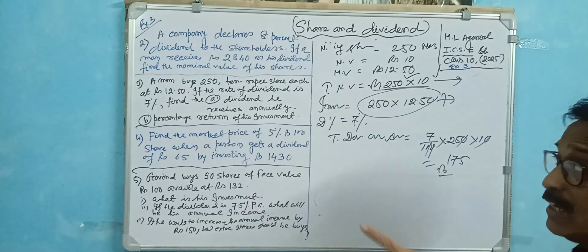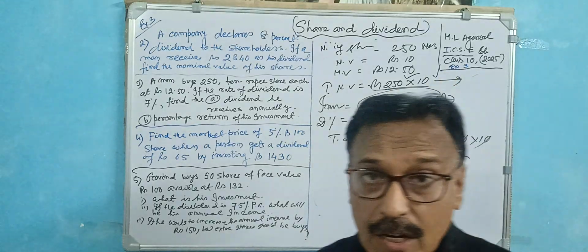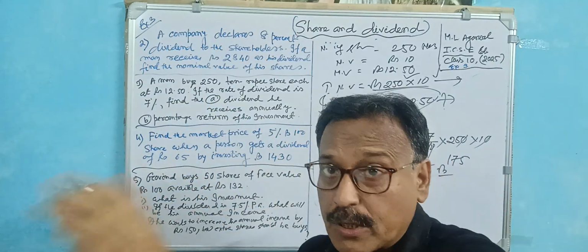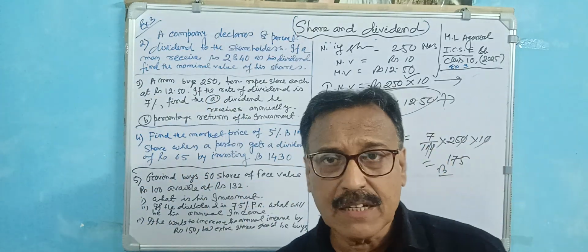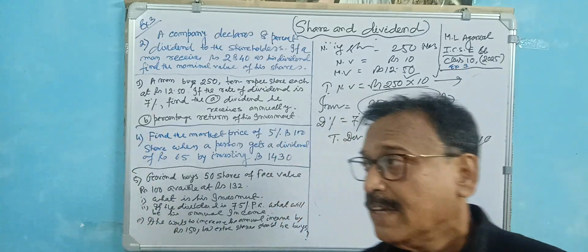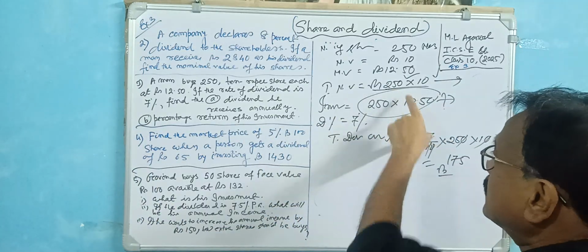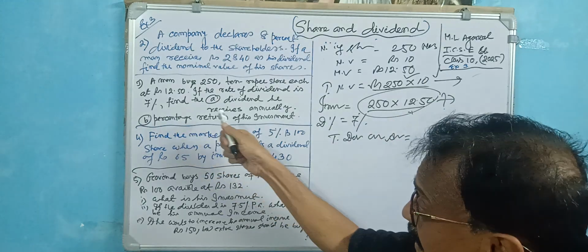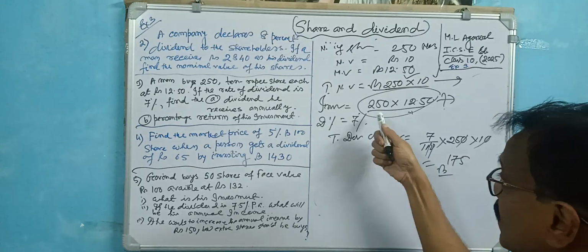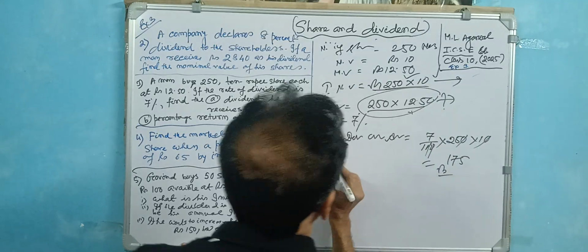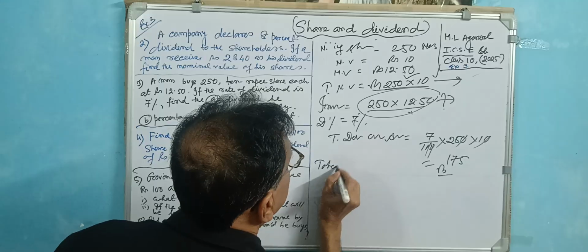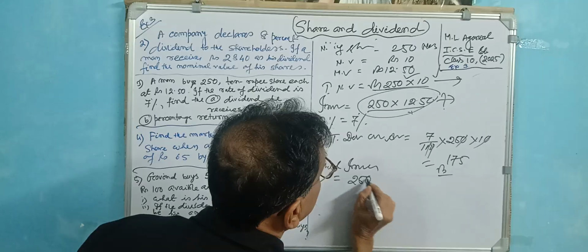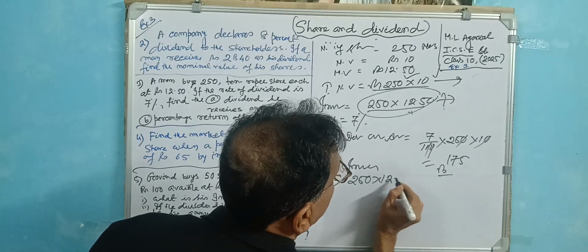Very carefully remember, dividend is calculated on the total nominal value. That means the value actually in your company. How much money went into the company? You may buy at whatever market price, but in the company's books the actual money entered is the nominal value. What is the percentage of return on the investment? Your total investment is 250 into 12.50.